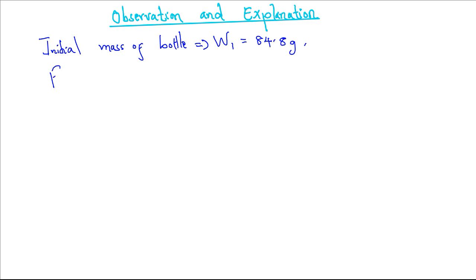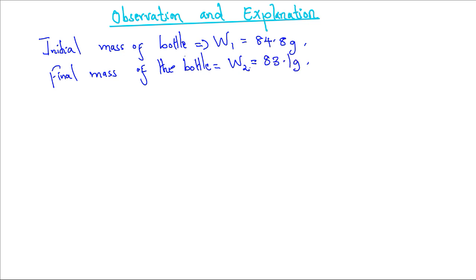Then final mass of the ethanol burnt is equal to, first of all, we have to know the final mass of the bottle. Final mass of the bottle, which we may call W2, is 83.1 grams.